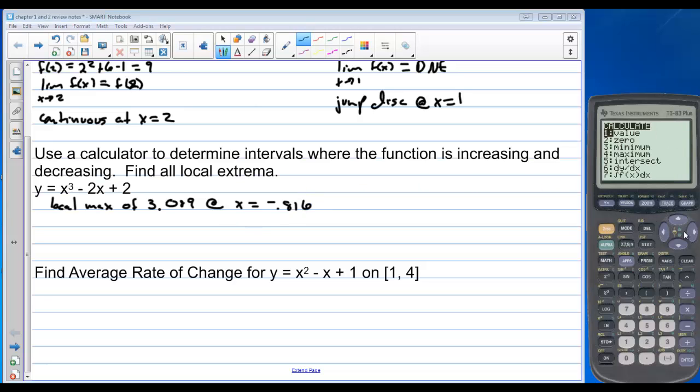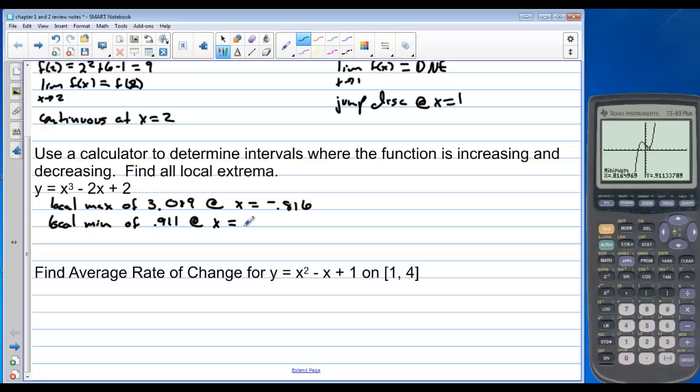Let's get the local minimum. We'll go to second calculate. We have a minimum, and here's left, here's right side, and then we're going to go back and guess about right there. This is going to be a local minimum of, let's see what the y value is, 0.911 at x equals 0.816.